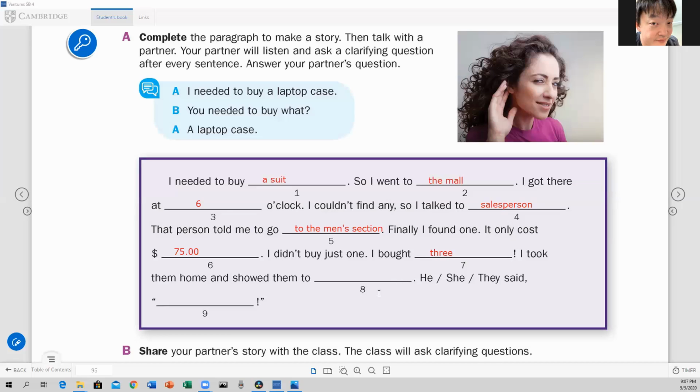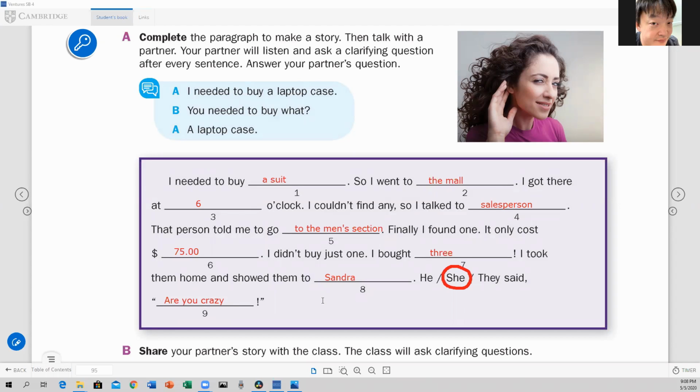I took them home and showed them to Sandra. Then she said, "Are you crazy?"